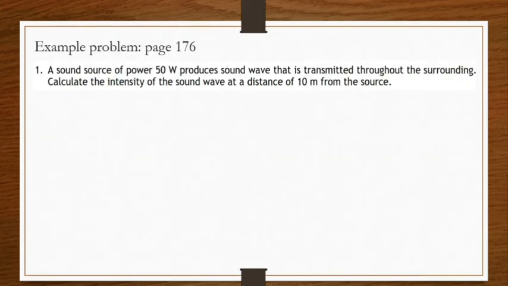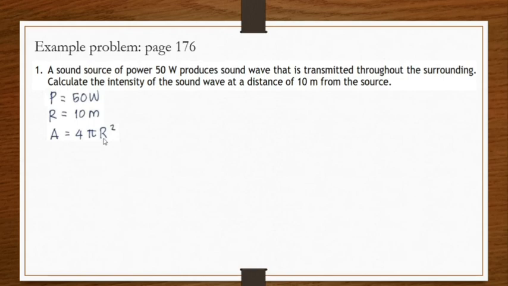I will discuss for you the example problems on page 176. Number 1, a sound source of power 50 watts produces a sound wave that is transmitted throughout the surrounding. Calculate the intensity of the sound wave at a distance of 10 meters from the source. We have the equation I equals P over A, so we want to find the area first.